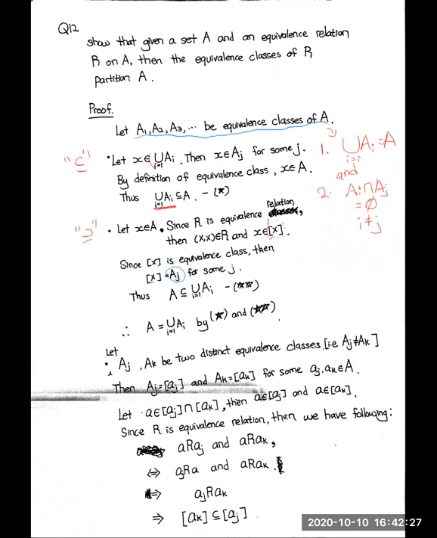So this proves that A is a subset of the union of equivalence classes. Since we have both subsets, they force it to be the same, which means that A is equal to the union of Ai, where each Ai is an equivalence class of A. With this, we're done with point 1.